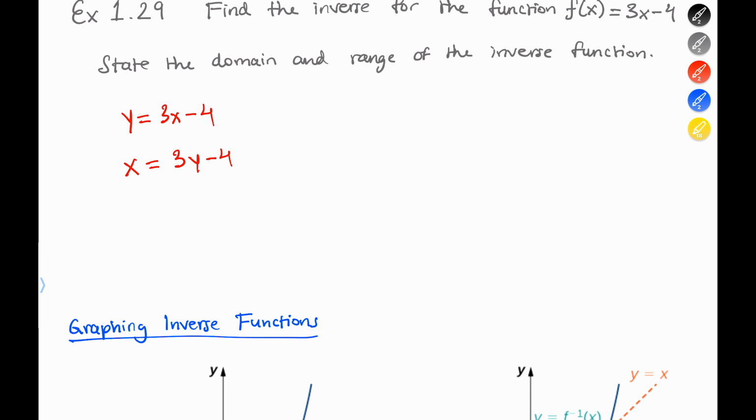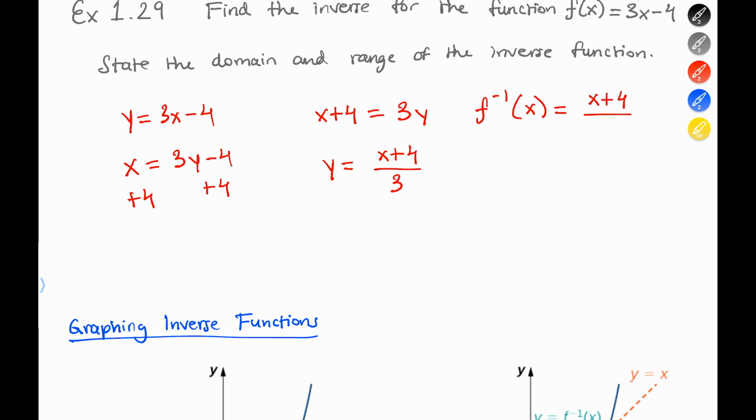So the first step is to add 4 to both sides. This will become x plus 4 is equal to 3y. And then y is equal to x plus 4 over 3. Now we could set this to f inverse of x is equal to x plus 4 over 3.